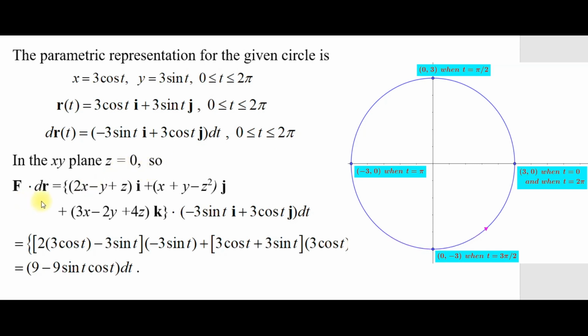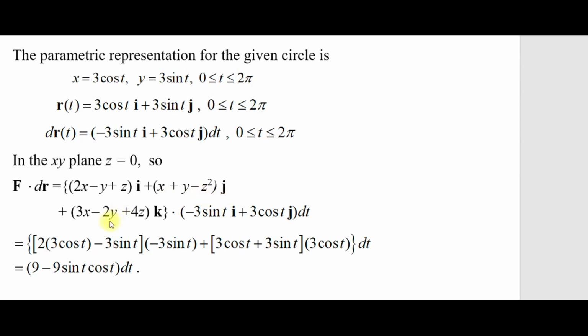So F dot dr is F = (2x - y + z)i + (x + y - z²)j + (3x - 2y + 4z)k. Here we put z = 0 everywhere and x = 3 cos t, y = 3 sin t. Already dr/dt is evaluated.